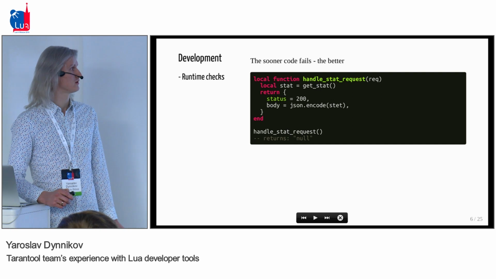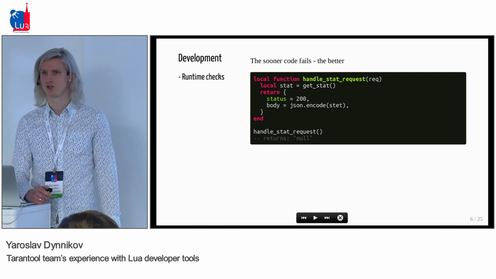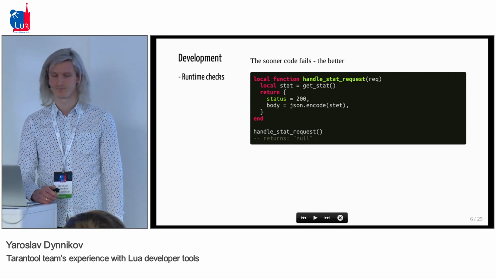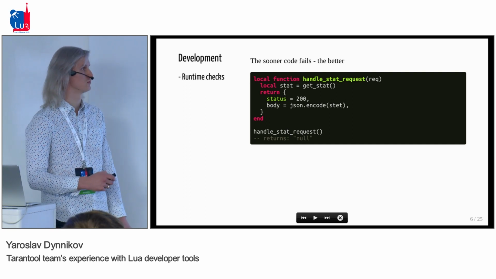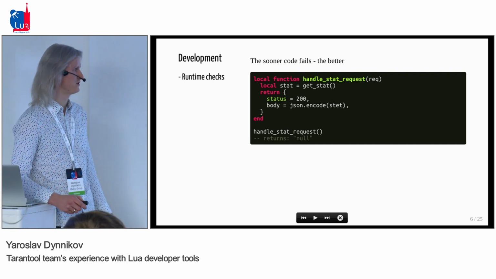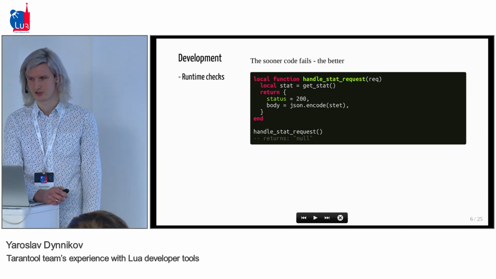Consider this example. It's quite simple, some HTTP handler which renders a stat request. So we call the function getStat and return it with HTTP status 200 and encode it as JSON.